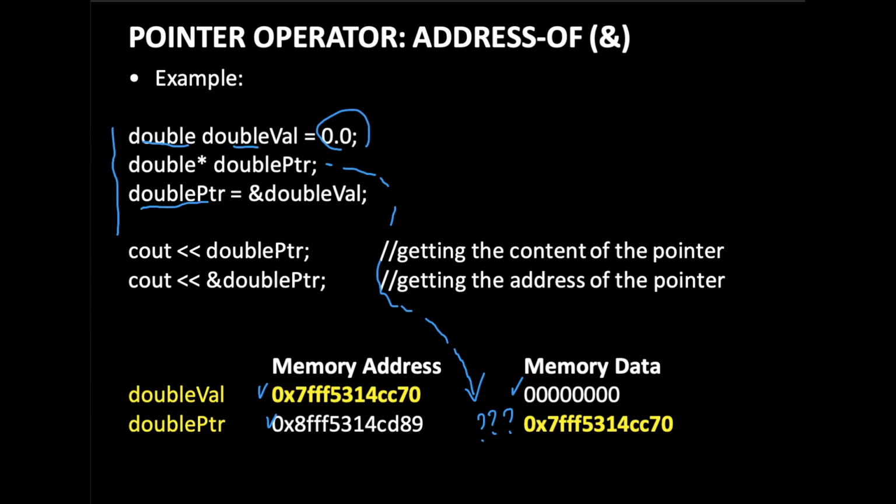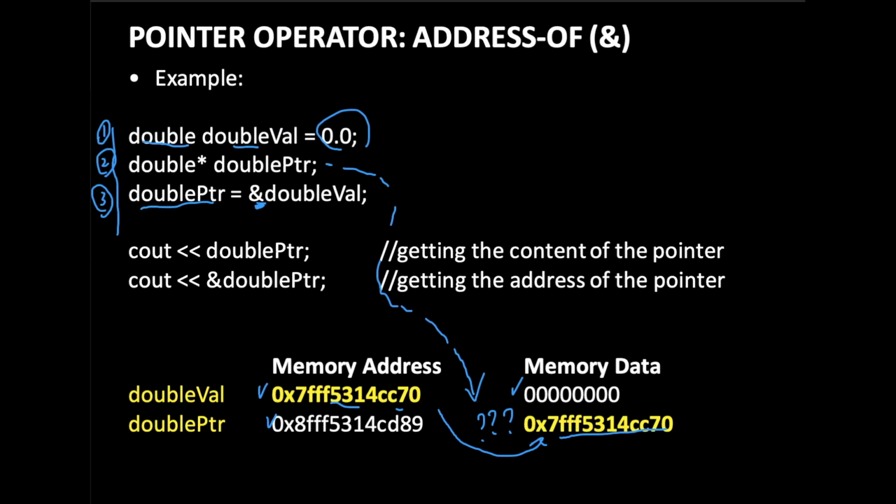However, as soon as we execute number 3, this is number 1, this is number 2, number 3 tells us that the double pointer now contains the memory address of doubleVal. Therefore, the memory address of doubleVal becomes the value of your double pointer. This illustrates the address-of operator and how it is used in a real sense.